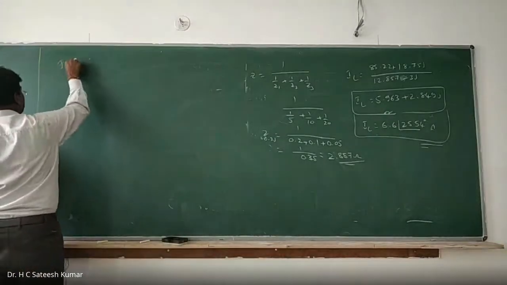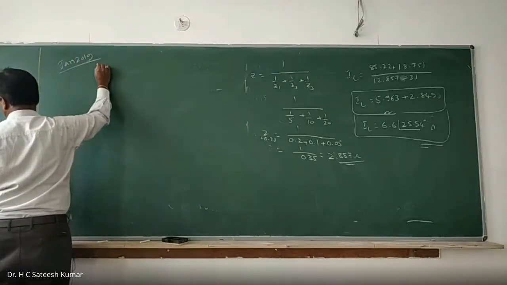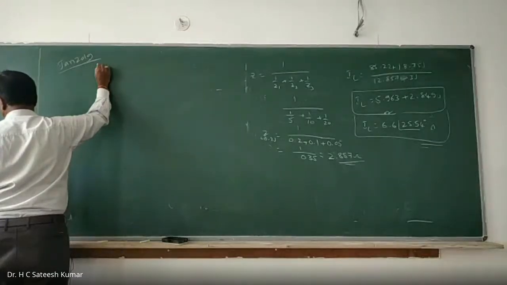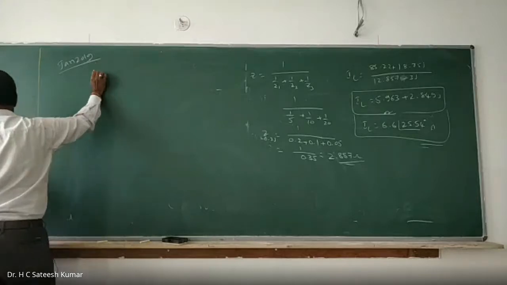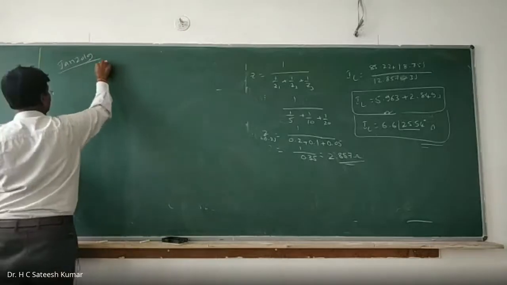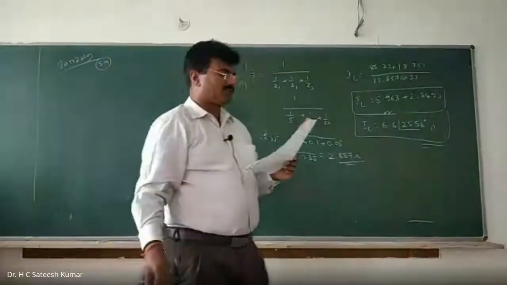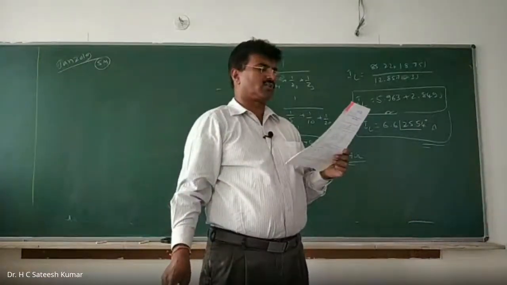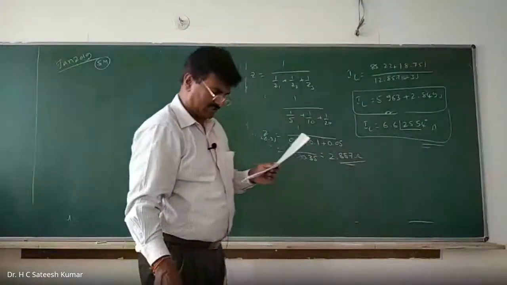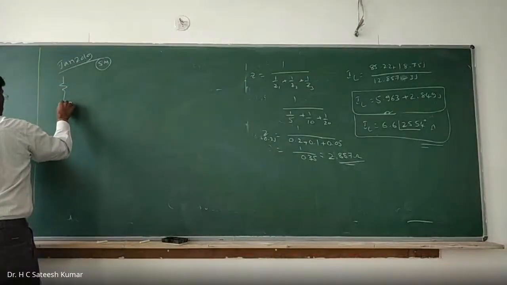The question is for five marks. As I said, you cannot expect 10 marks every time, even though complex values are there. For the circuit shown in figure, find the current in the 6 plus 8J ohms impedance using Millman's theorem. Okay, how to do it? Same kind of problem, but the values are complex.